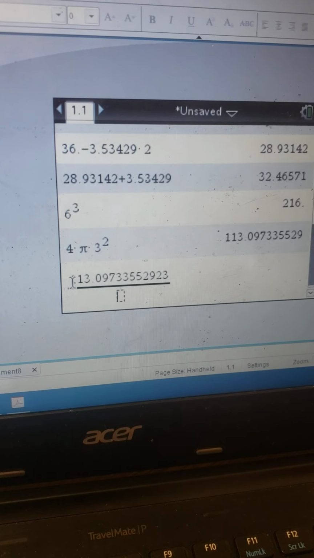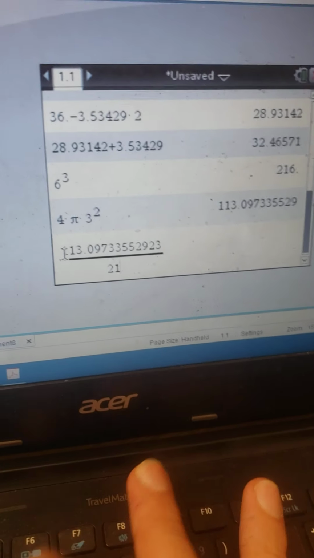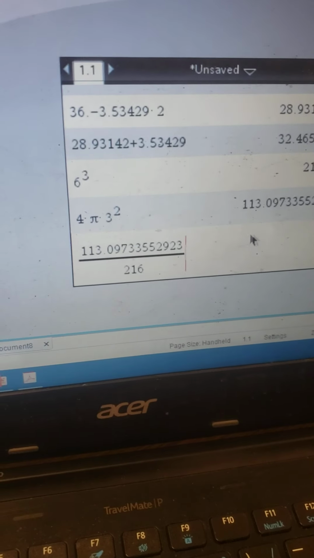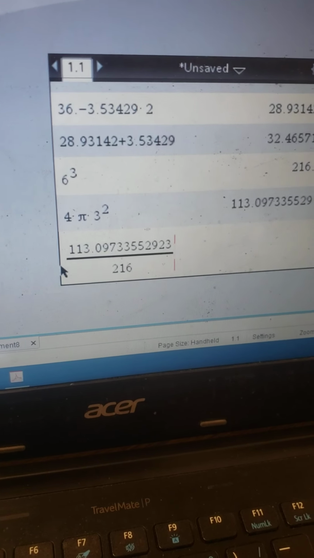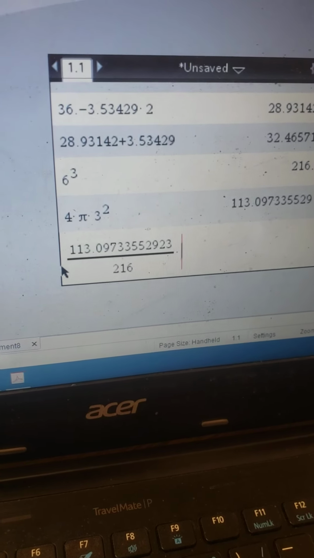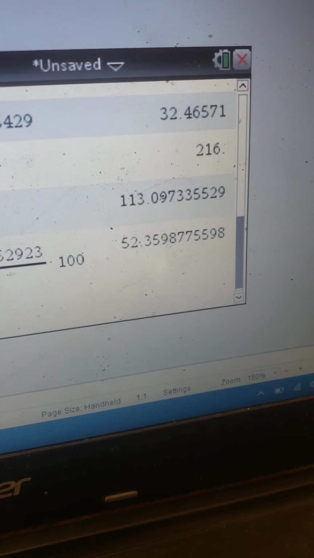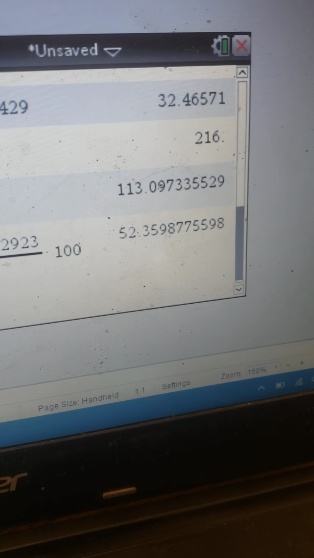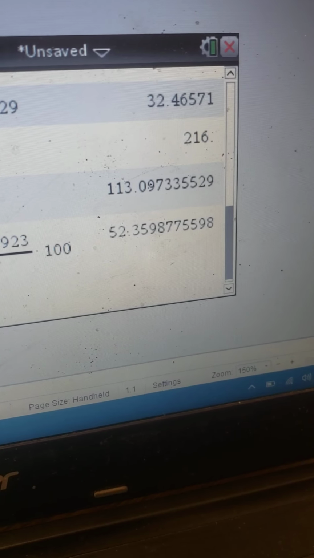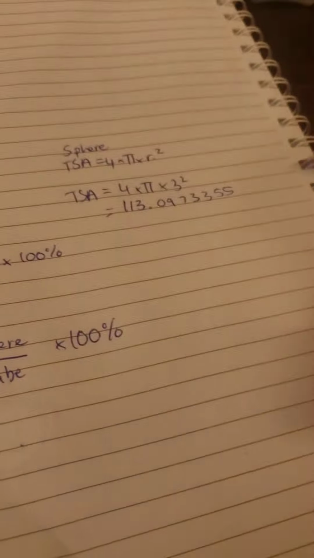Our cube was 216. In your calculator, you can do that division first, times by 100, equals 52.35%. So to the nearest percent, that'd be 52%. That's our answer.